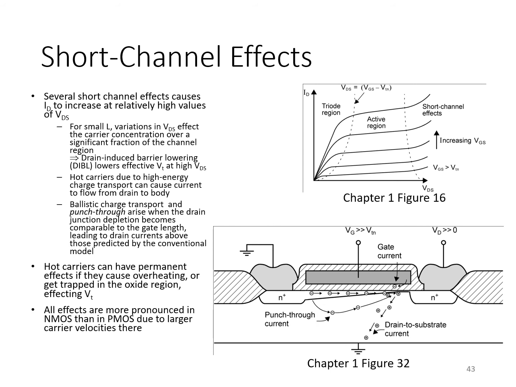It's particularly prominent when you have very small channel lengths L. It means that variations in VDS can affect the carrier concentration over a significant fraction of the channel region. So if you're affecting the carrier concentration here, you're effectively changing, and in fact most likely lowering, the threshold voltage when VDS is very, very large.